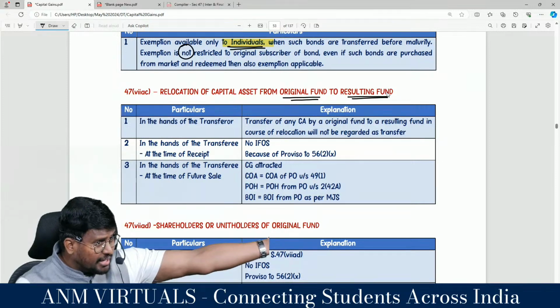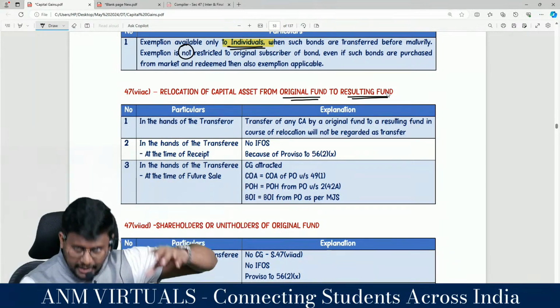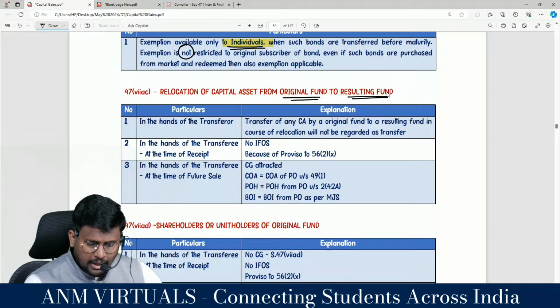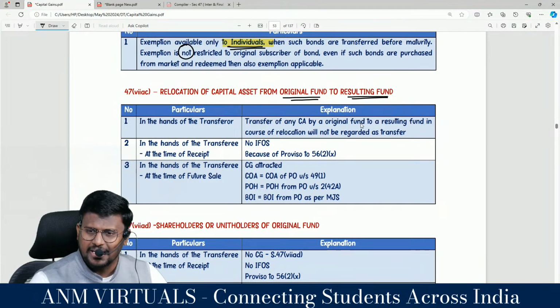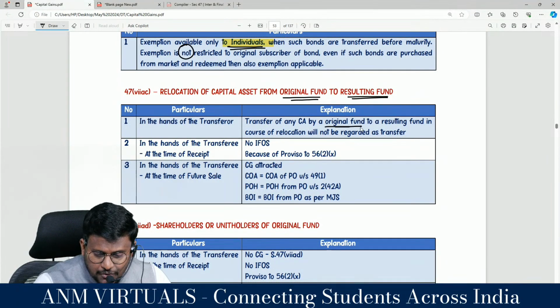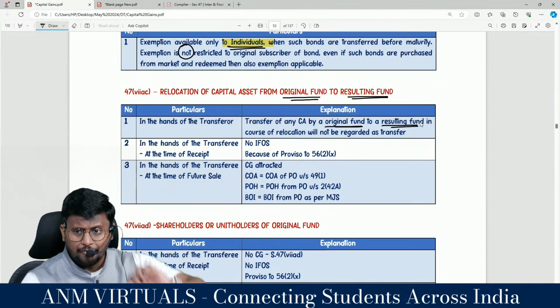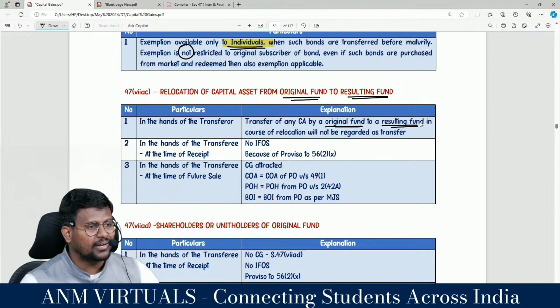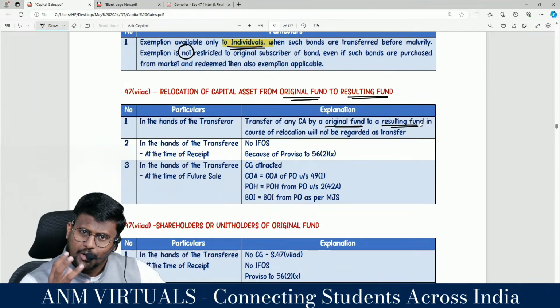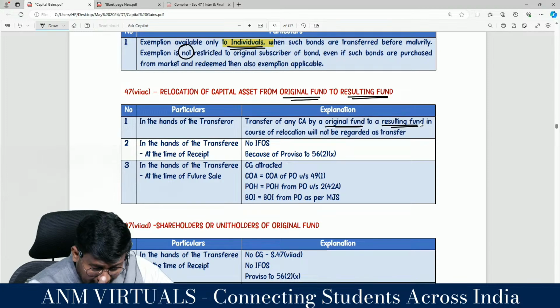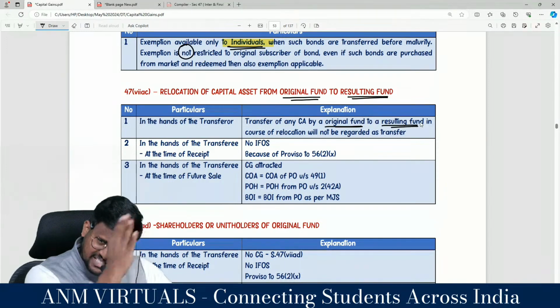They are bringing that original fund to India, which is called a resulting fund. Transfer of any asset by an original fund to the resulting fund in the course of relocation will not be regarded as transfer. So there was a fund outside India which had already invested in Indian assets.